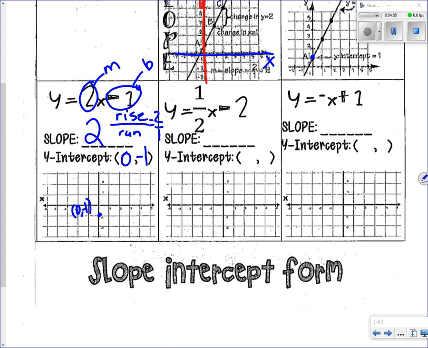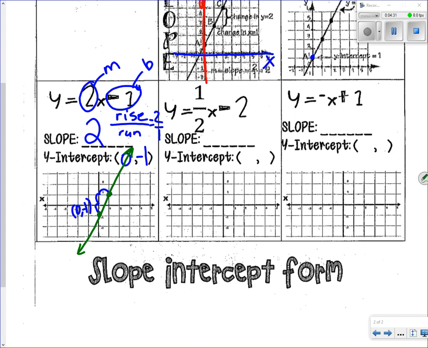And then our slope, we're going to rise 2, so 1, 2, and we're going to run 1. So this is our second point. We rose 2, we run 1. There's our second point. With that, we can draw our graph.